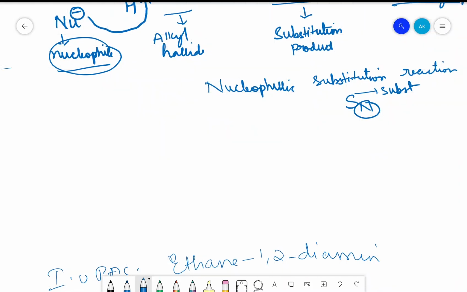Nucleophilic substitution reaction is divided into two types. It is SN2 reaction and SN1 reaction. SN2 reaction and SN1 reaction, we'll discuss separately under different headings, and then finally we'll try to differentiate between SN1 and SN2 reactions.